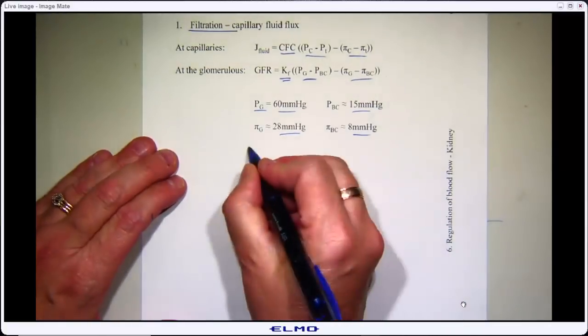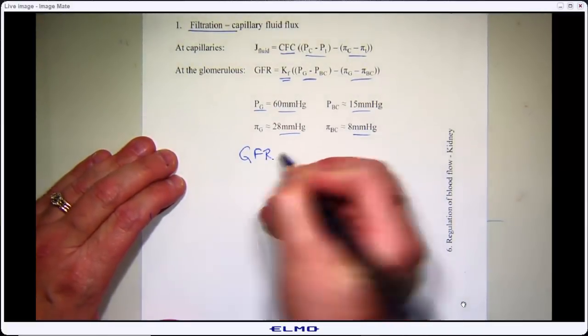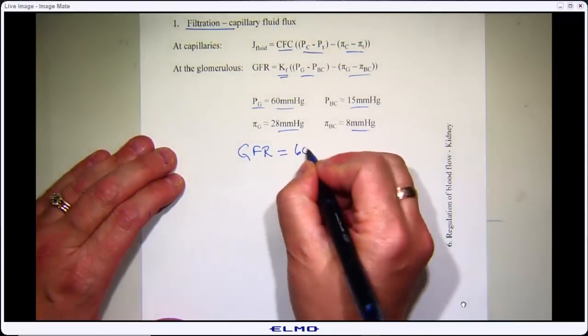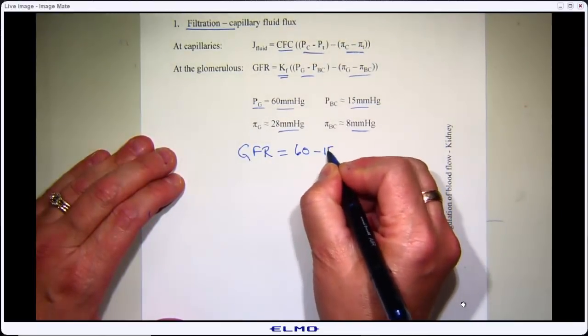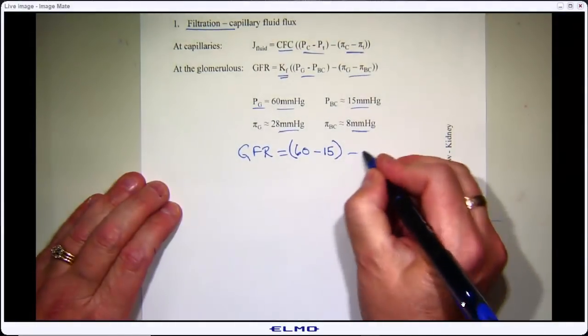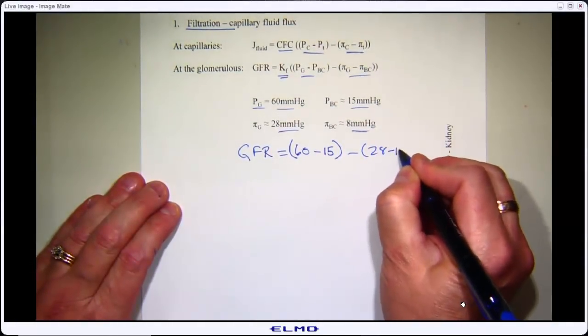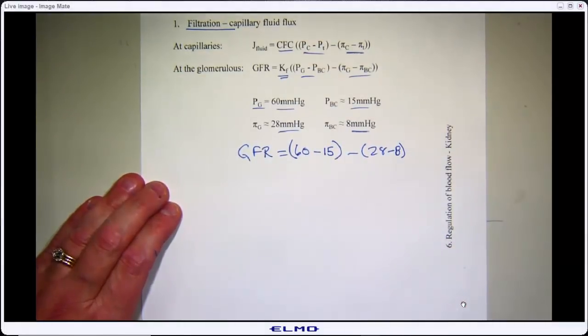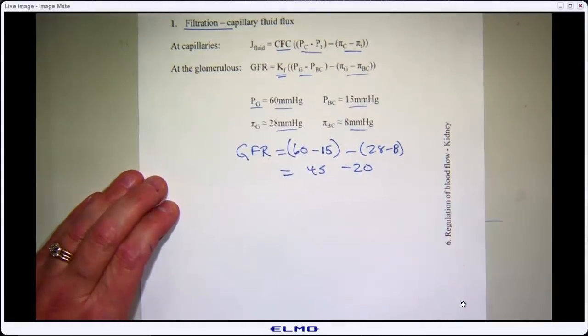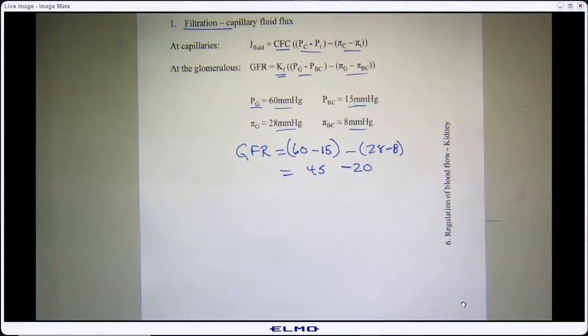So if we just play the equation game here, if we look at our delta P, 60 minus 15, our delta pi, 28 minus 8, we get 45 minus 20. So delta P is greater than delta pi.